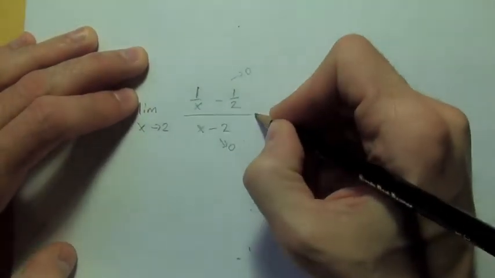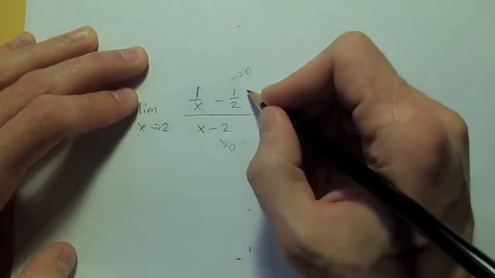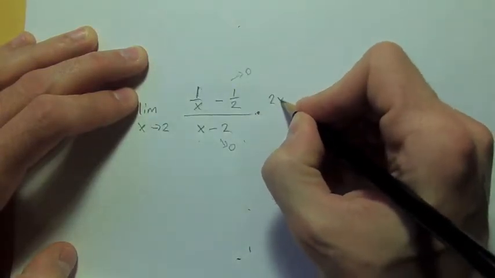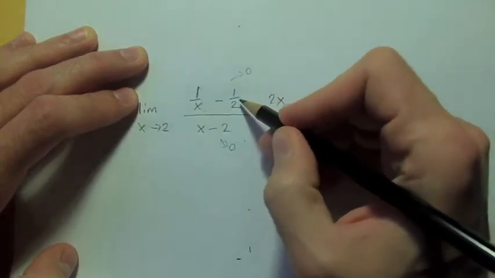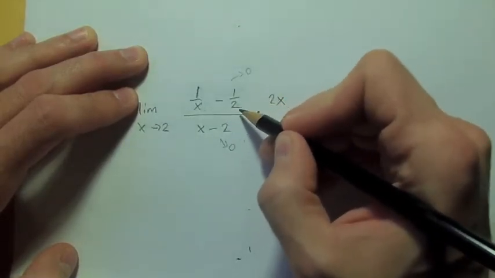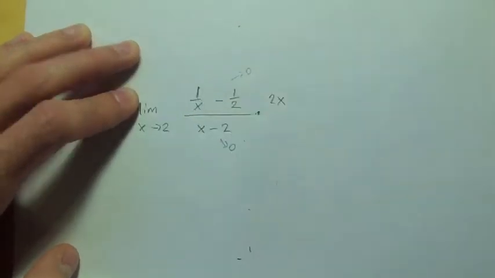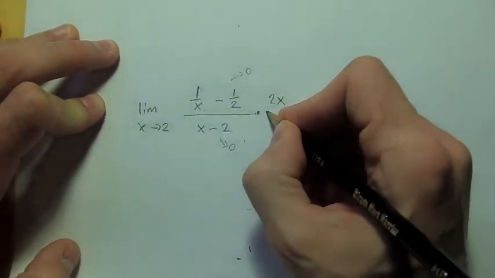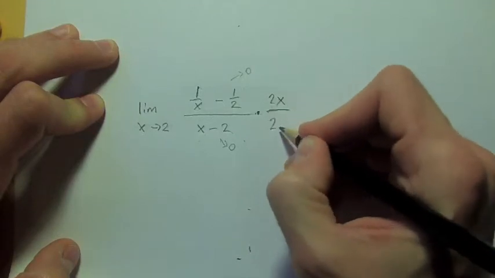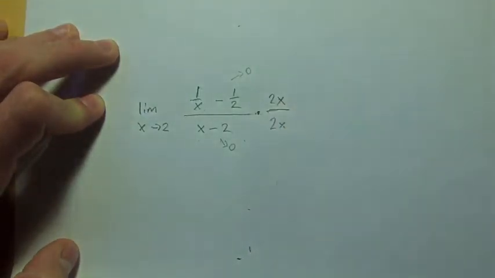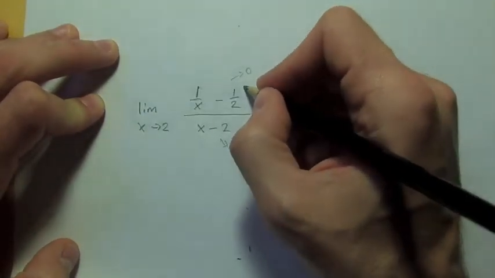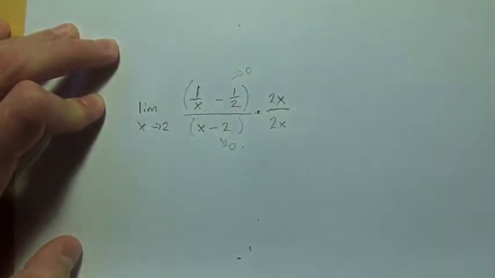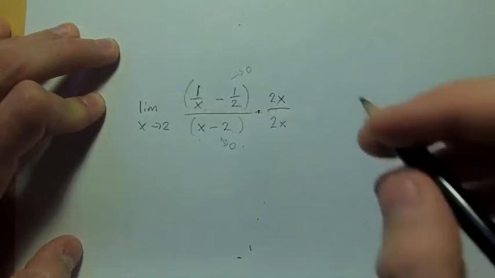So if I actually multiply the top here by 2x, well, 2x will cancel the 2 in this denominator and the x in this one, thereby getting rid of our fractions. Now, we can't just multiply on the top. Whatever we do to the top, we also have to do to the bottom. It's the non-discriminatory thing about algebra. Throw in my parentheses.